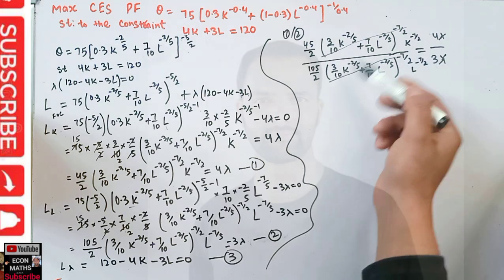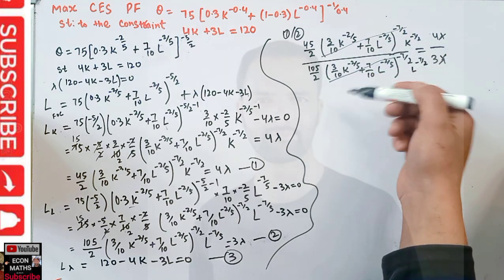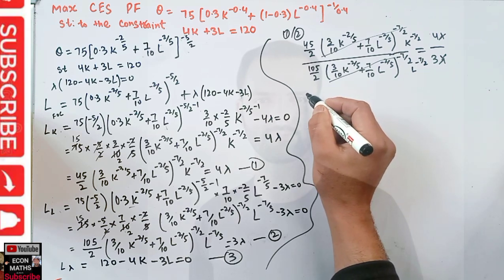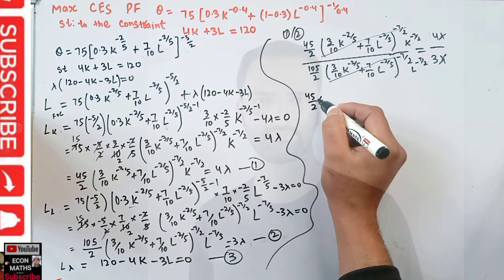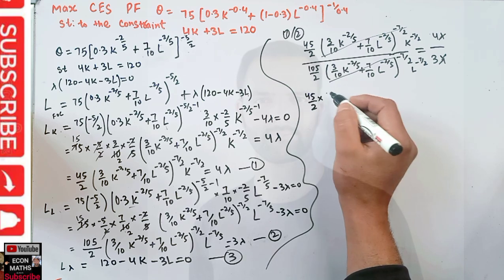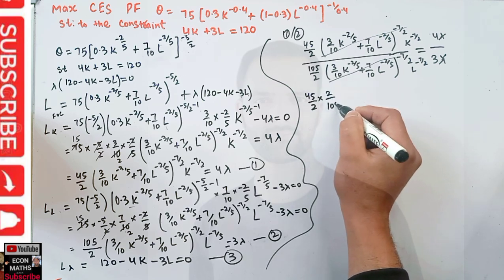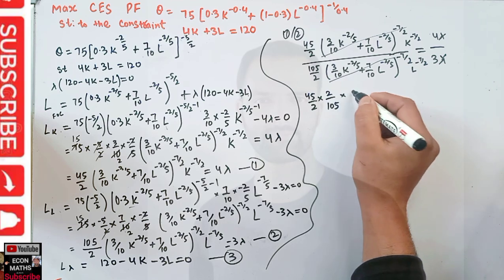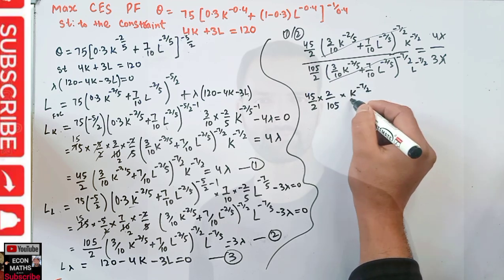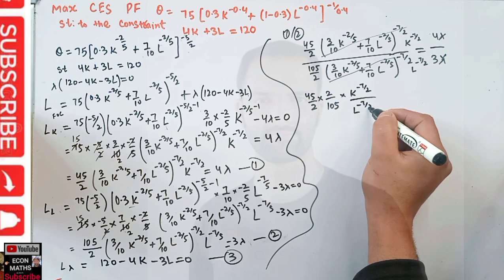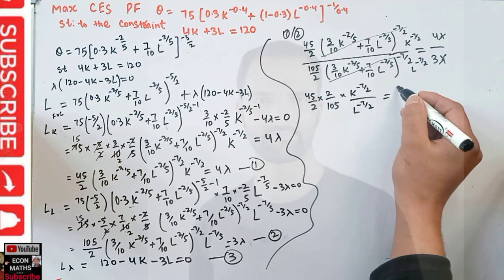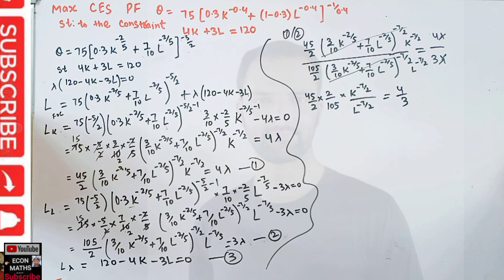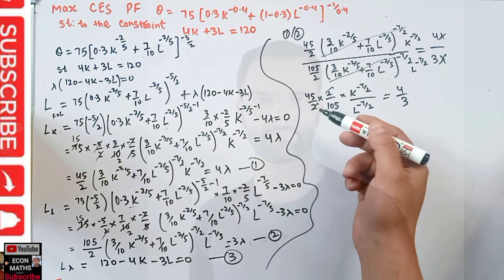Okay, so when we cancel these two, what we are left with is 45 upon 2 into, if we reciprocate, this will become 2 upon 105, and here we are left with k to the power minus 7 upon 2 and L to the power minus 7 upon 2 should be equal to, lambda gets cancelled, we are left with 4 upon 3. Okay, so here 2 and 2 will also get cancelled. And what can we do here?